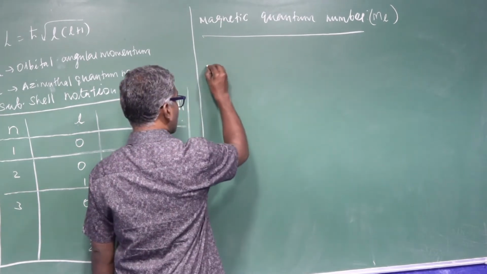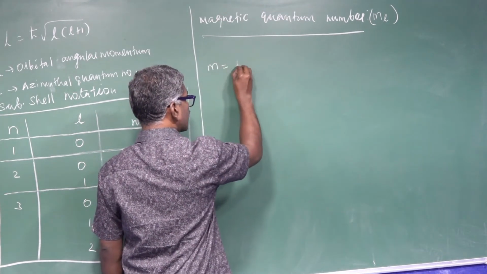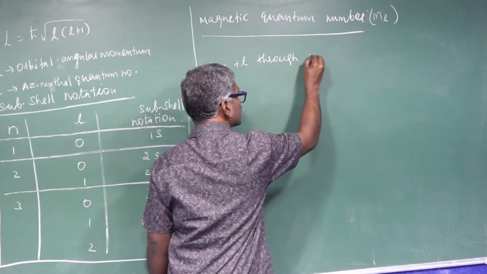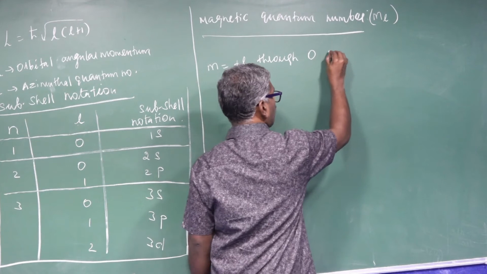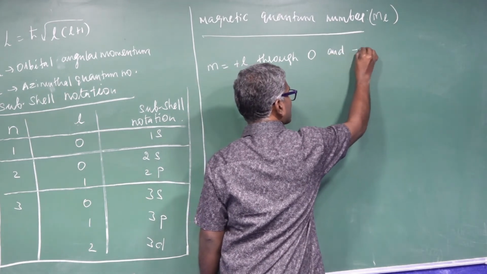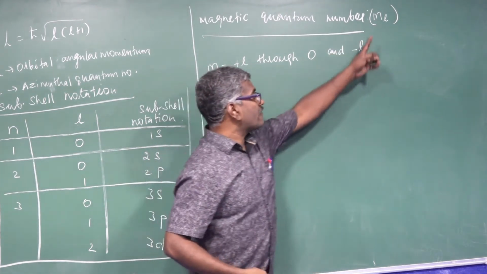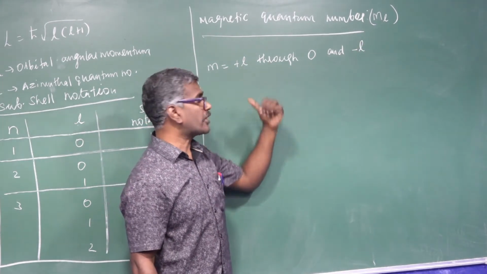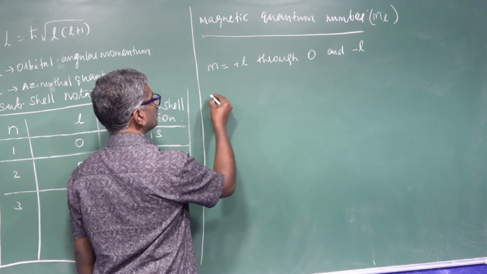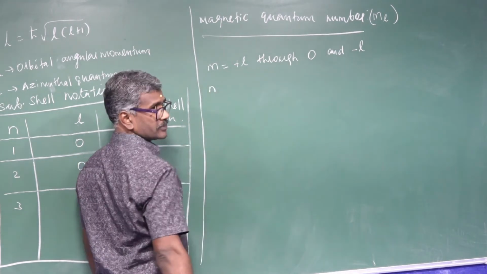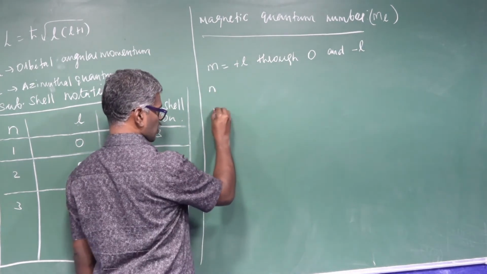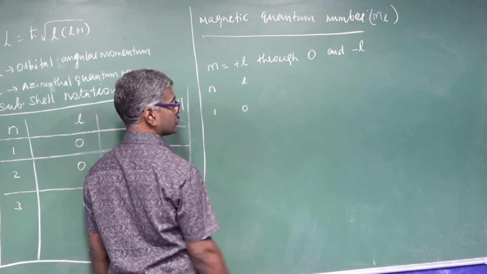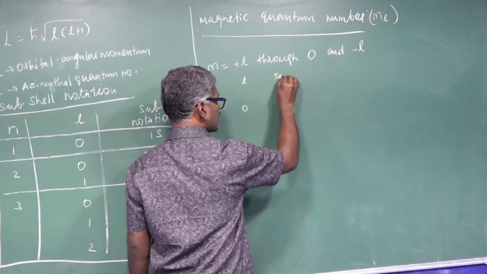That is, m should be equal to plus l through 0 and minus l. That is, the value of m depends upon the azimuthal quantum number. For example, here n value, n is equal to 1, suppose 1. What about the l value? The l value is 0. What subcell is possible?